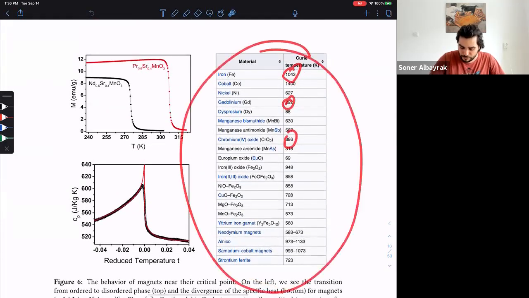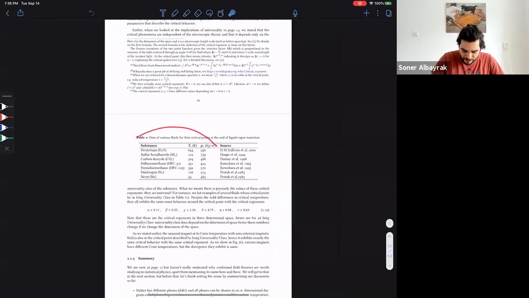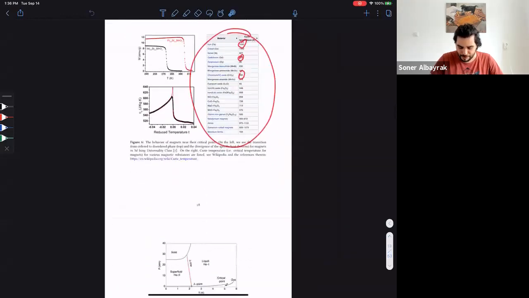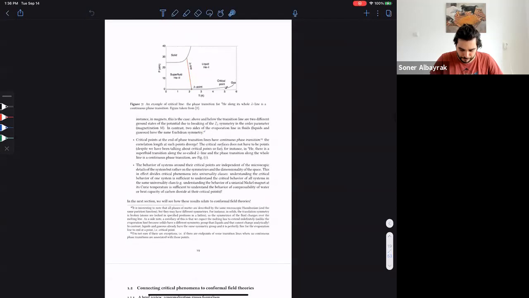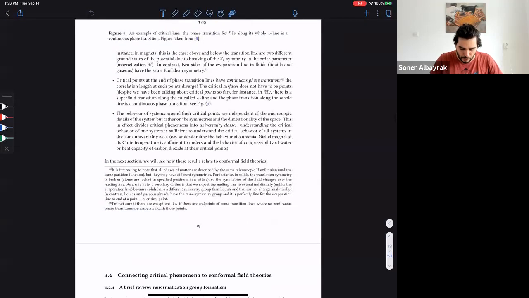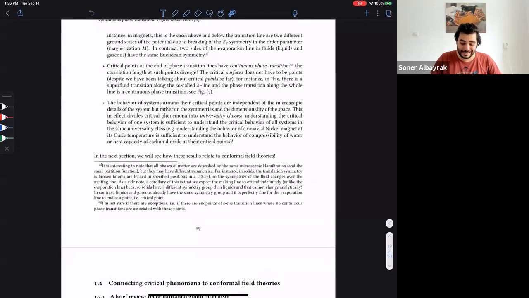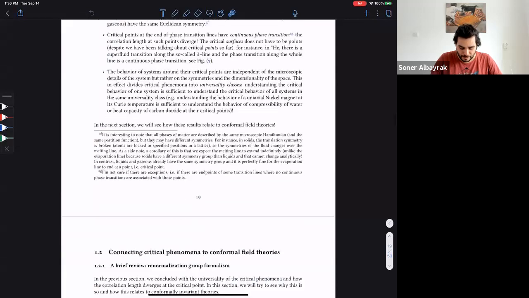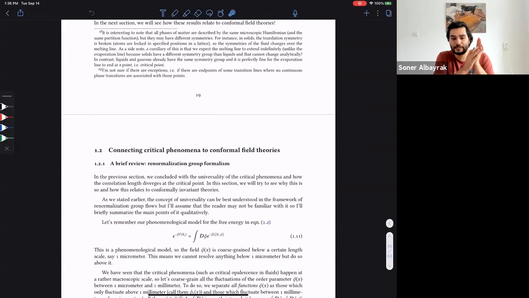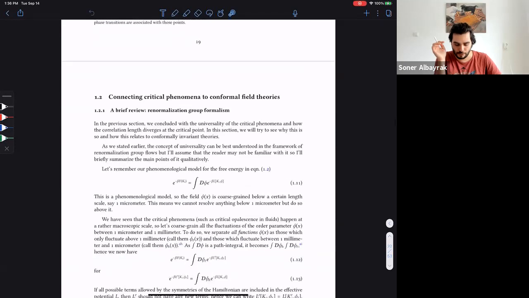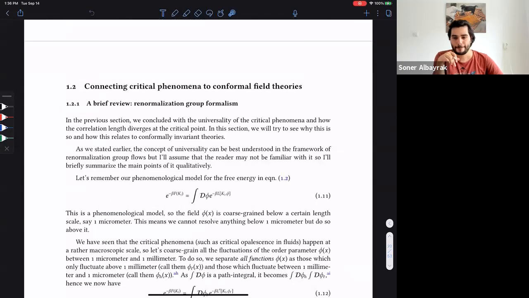Again, all of these are the same with all of these, everything, same exponents. Okay, good. So this is the origin of universality. This is the result of universality. And we will try to understand it by reviewing RG formalism. Okay, good. Any question before we start talking about RG flows?